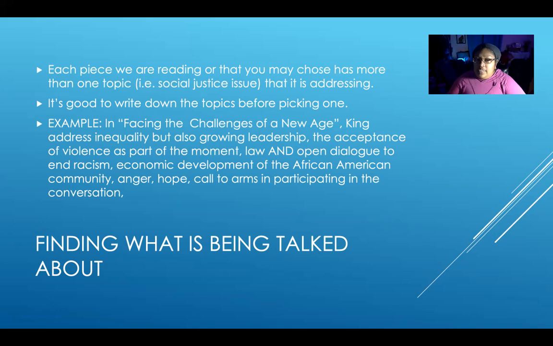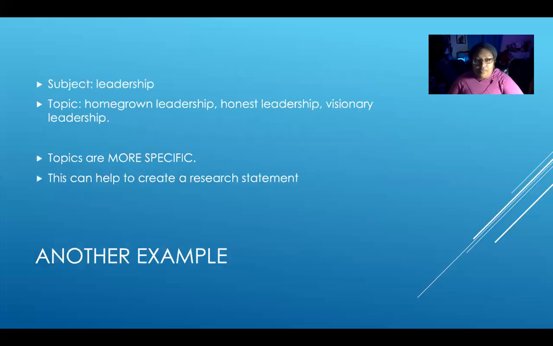If Professor Fernandez is saying that the pieces should color what I want to talk about, then what I need to do is read these pieces with new eyes and look at the topics they are addressing. Because if Facing the Challenges of a New Age is addressing the topic of hope, the hope speech also addresses that topic.